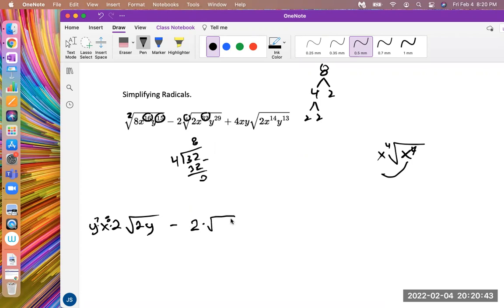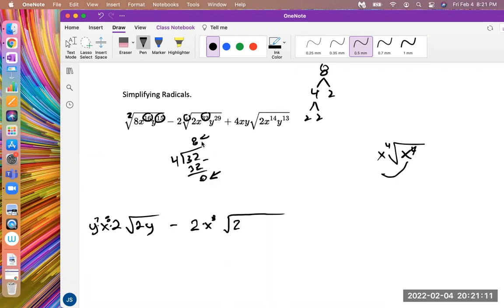But I have a 2 under the root that I cannot write as any fourth power, so I can't bring this 2 out. It's going to have to stay under the root. And so x to the 32nd became x to the 8th, and there's no x's left on the inside because this remainder here is 0.